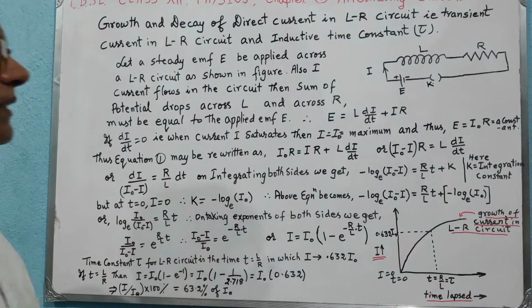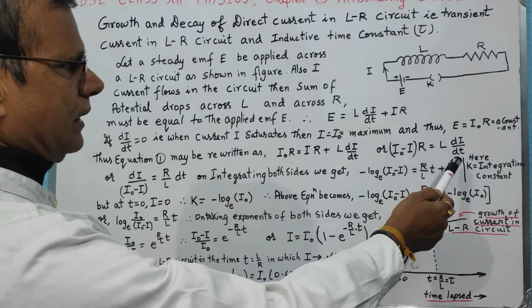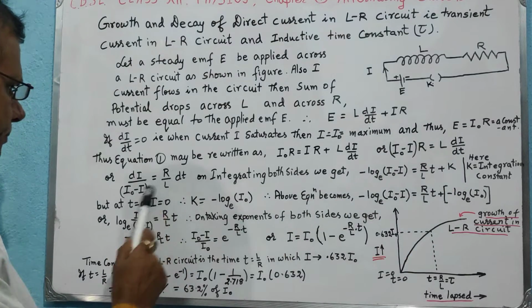Now if we rearrange it further, we can write di by (I0 minus I) equals R by L into dt.